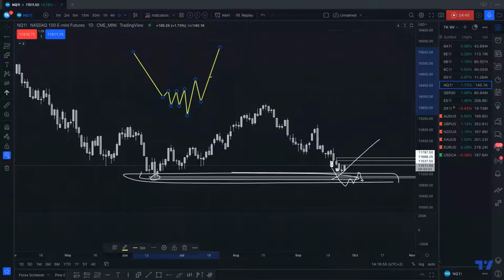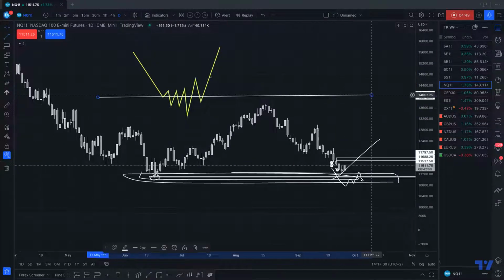If this is our minimum, so basically this one, I want to see something here. But I prefer waiting for the price to move below the minimum.